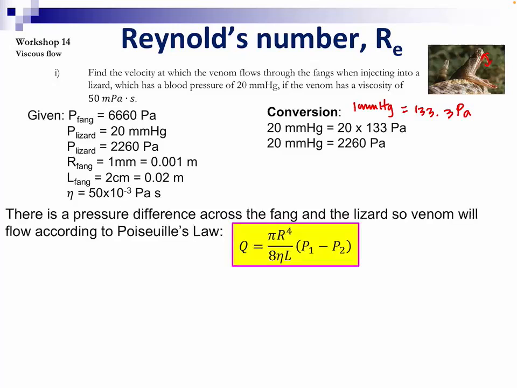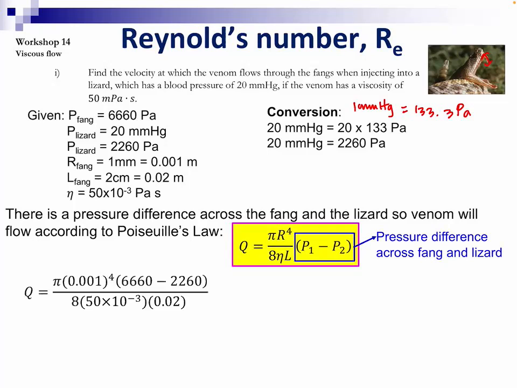For the velocity, there's a pressure difference between the fang and the lizard. When the snake bites into the lizard, the venom will flow from the fang to the lizard because of that pressure difference. According to Poiseuille's law, that pressure difference will cause the venom to flow at a flow rate of Q. We can solve for the flow rate.